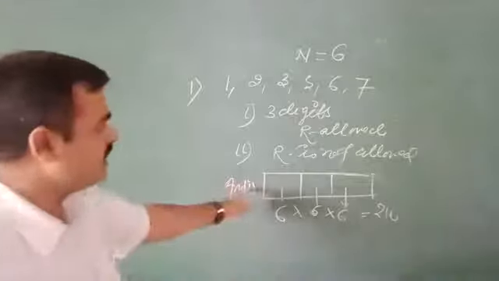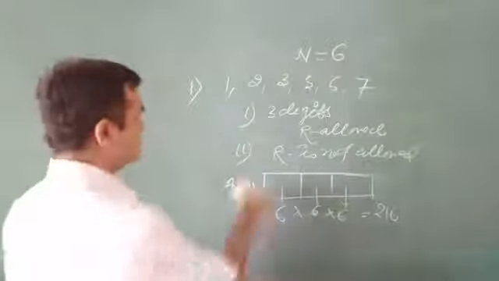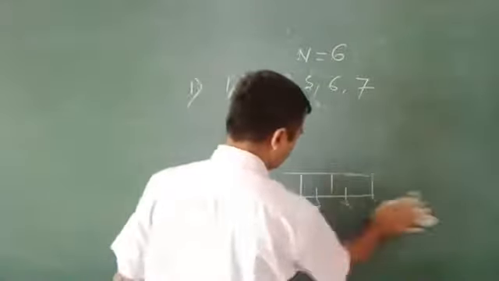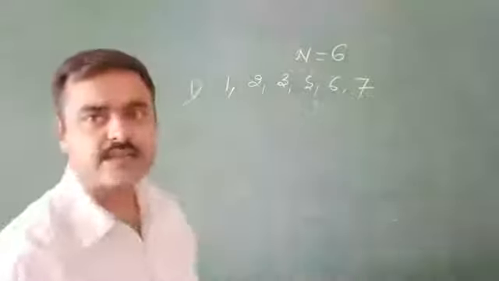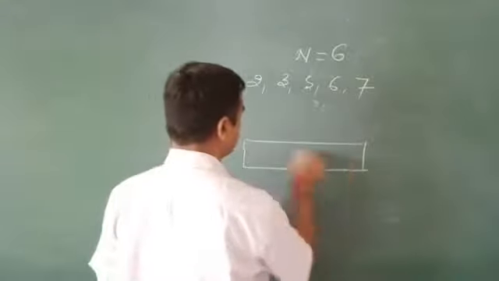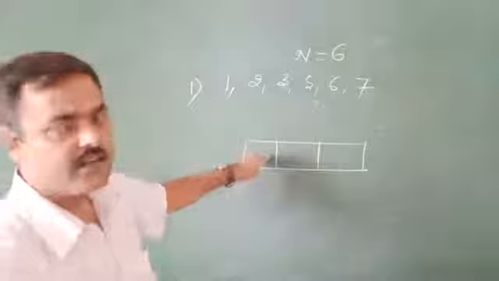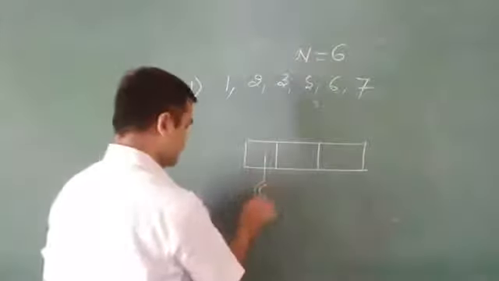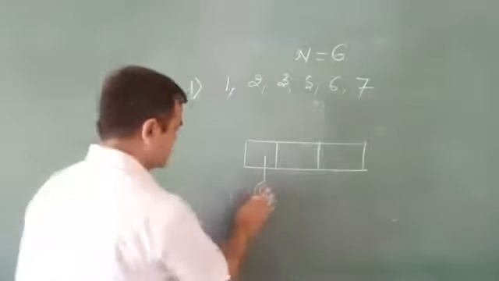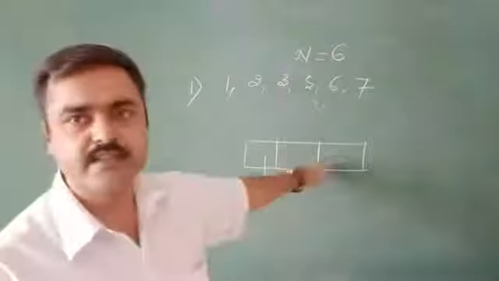In the second part, if repetition is not allowed, how will you solve it? See, there are these boxes, and if you fill any digit here out of 6, it can be placed in 6 ways, but the digit already placed here will not repeat in the other 2 places.